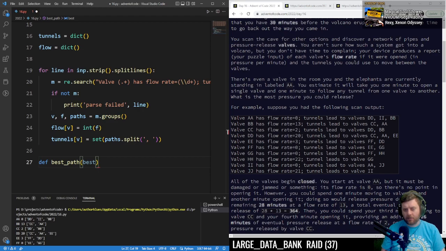And that's the inverse, right? So the best I've seen so far, and then where I currently am: score, time, current location, and active.